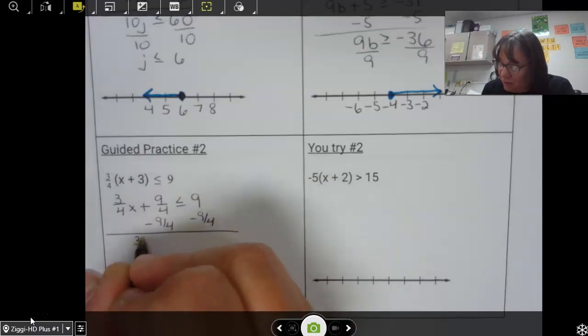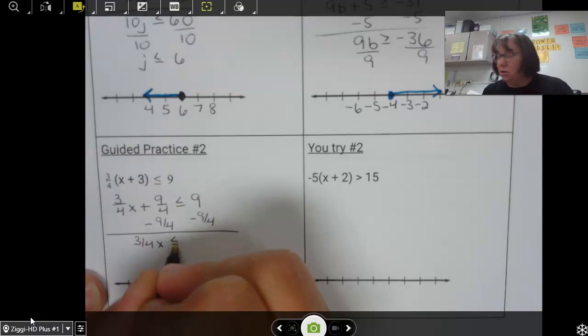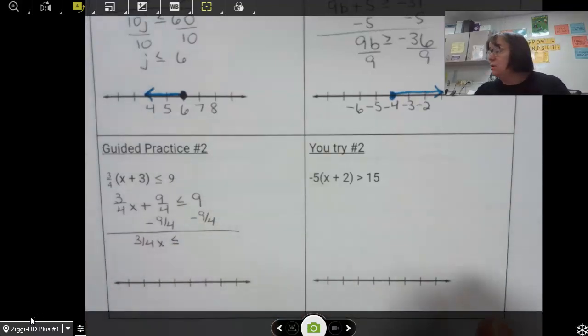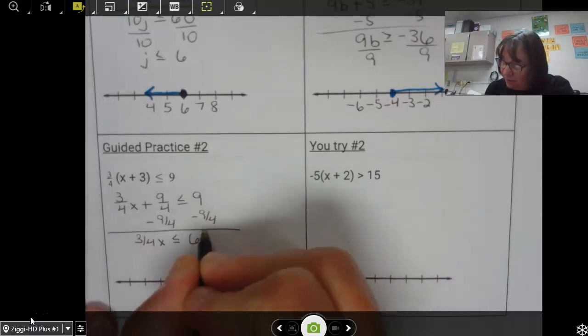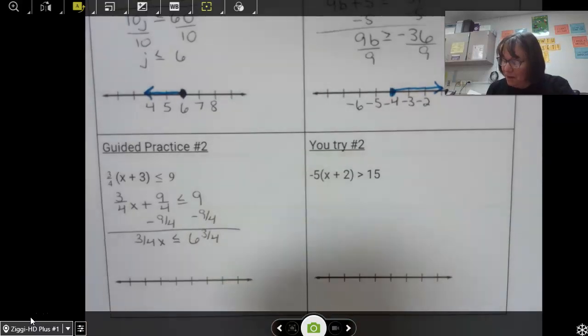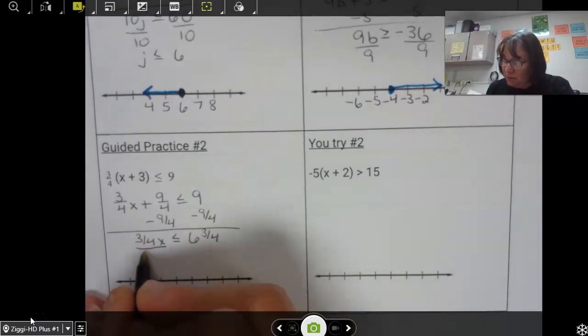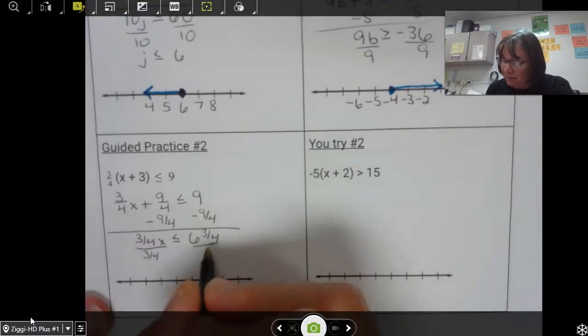And we have 3/4 x is less than or equal to, and in your calculators, you can do 9 minus 9/4, which is 6 3/4. And then we're going to divide by 3/4 or multiply by 4/3, right?